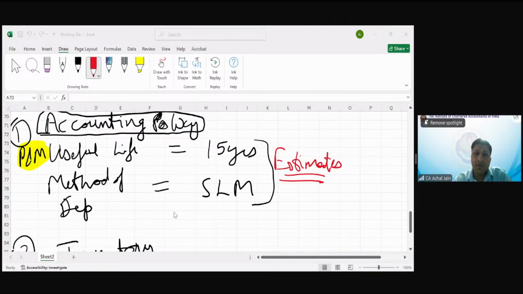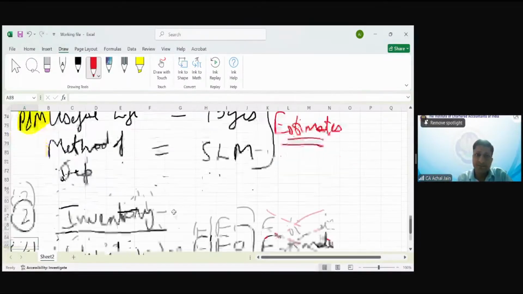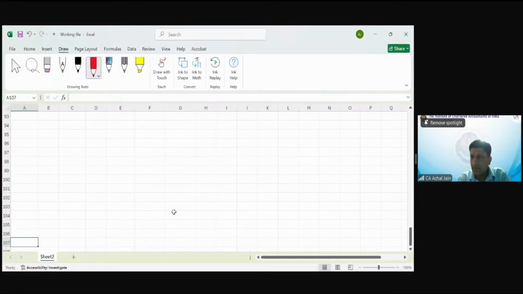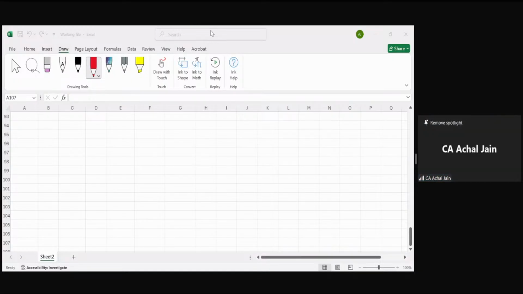Then I can see one more query. Yes, Shiv, please go ahead. What's your query? Yes, sir. My query is, I purchase goods on 1st January, on that day the rate was 75, but when we made the payment on 1st July, the rate was 73.